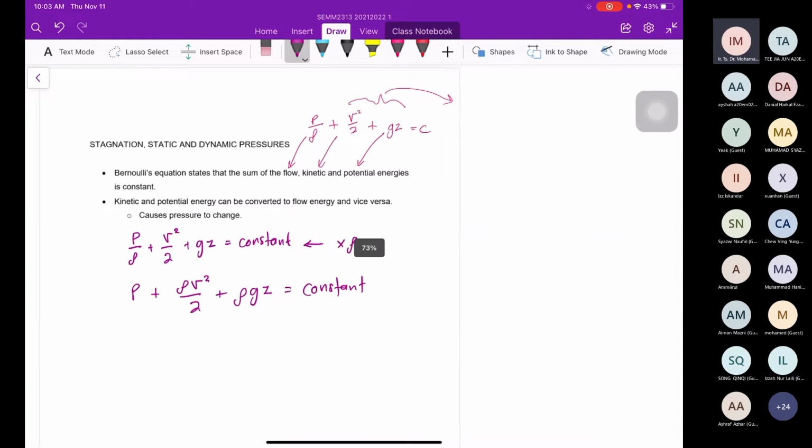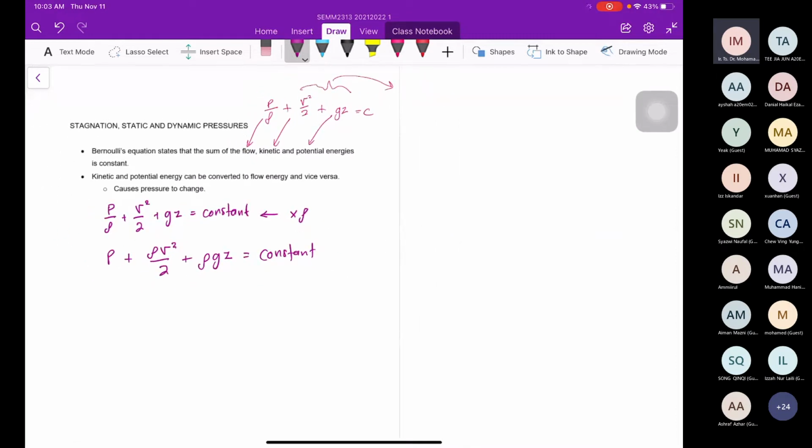From here, I want to introduce the concept of stagnation. Let's say we have the ball and then we have the flow, and this is the fluid particle. What do you think happens when it hits the ball? It will stop, and it will accumulate. A lot of particles accumulate, hitting one another. What do you think of the pressure at this stagnation point, increase or decrease?